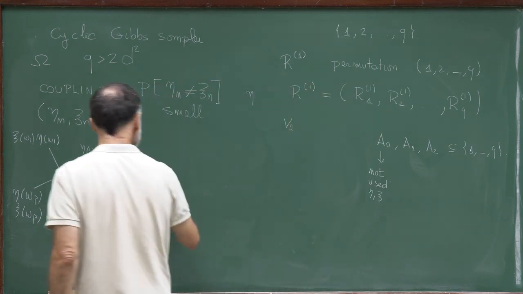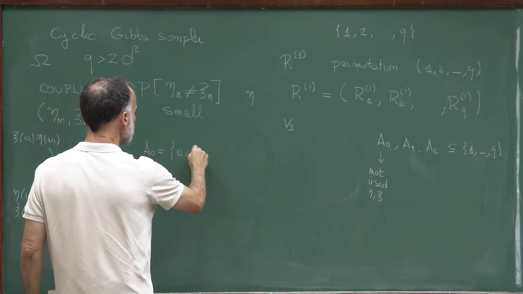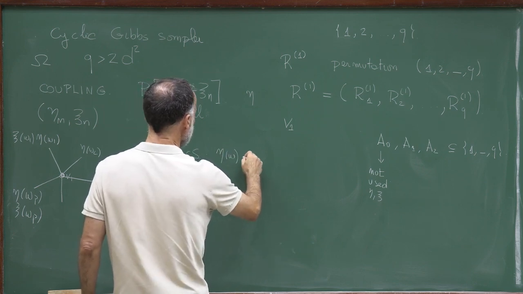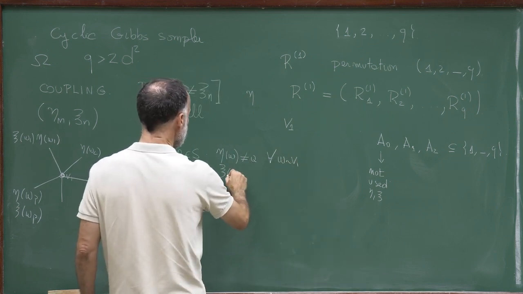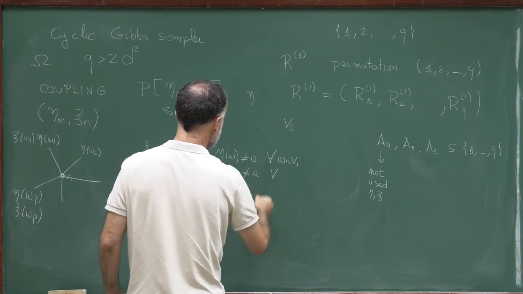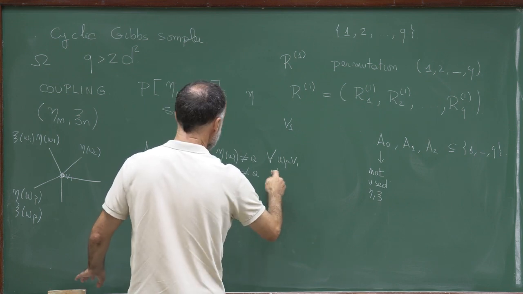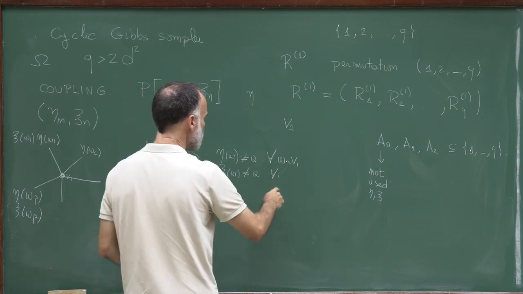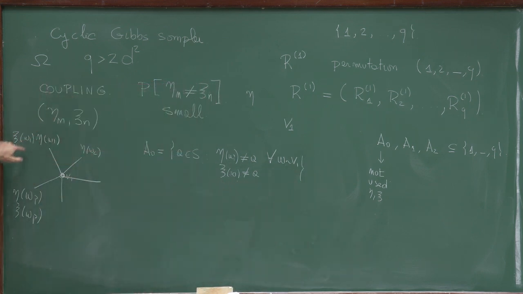So let me define it. A0 is all A in S such that eta(W) is different from A for all W neighbor to V1, and xi(W) is different from A for all W neighbor to V1. So eta(W) should be different from A for all neighbors of V1, and xi(W) should also be different from A for all W. So these are the colors which are not used by the neighbors, neither for eta nor for xi.